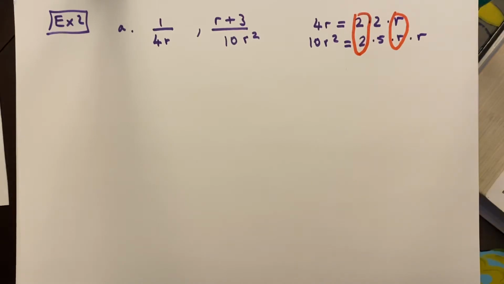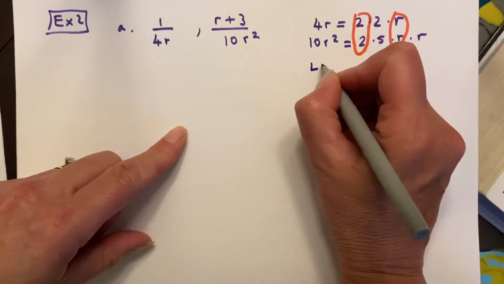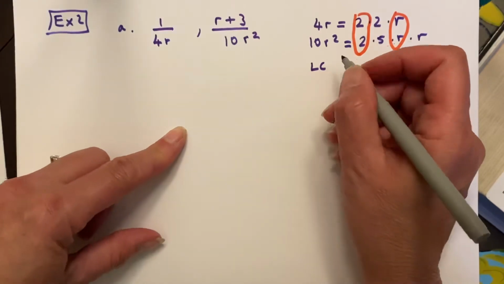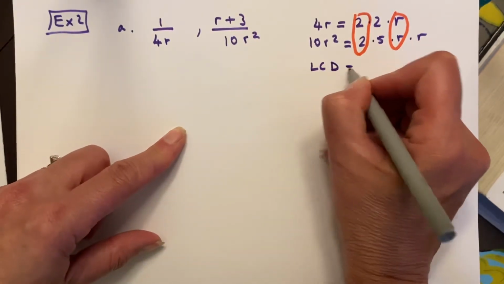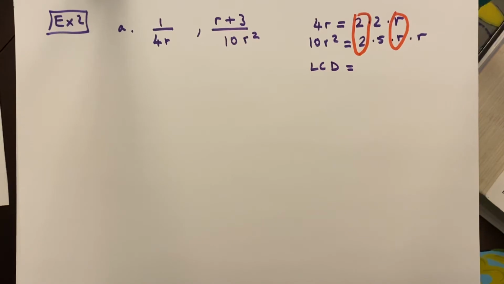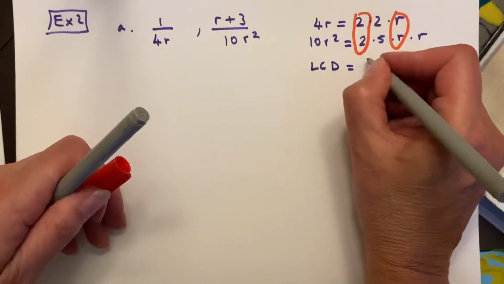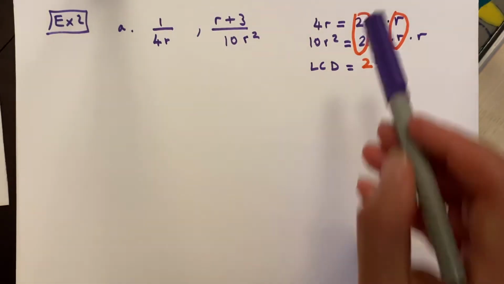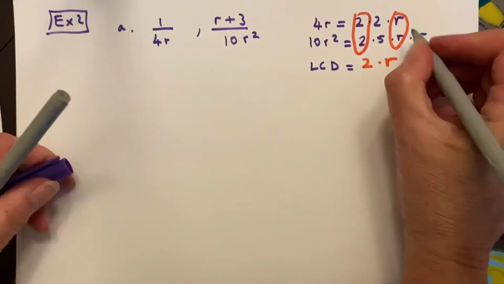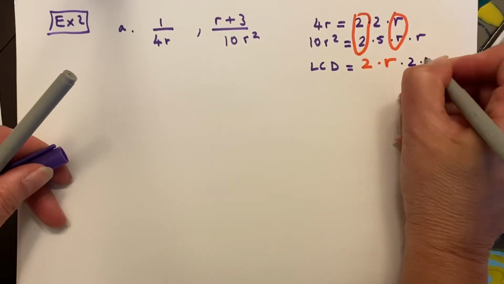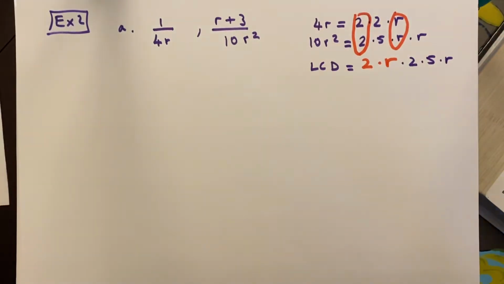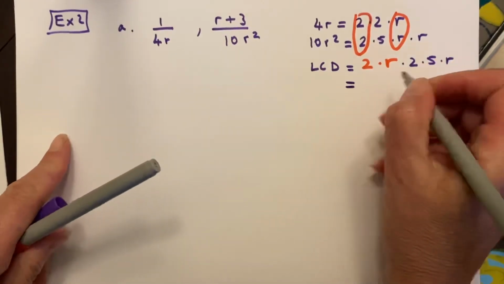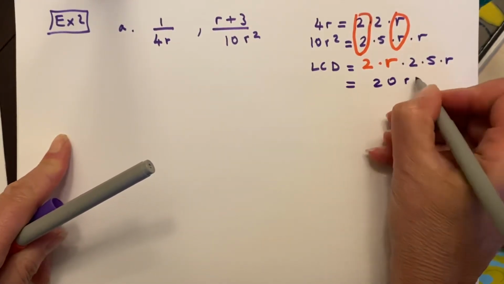And for every factor that is in common, to find the least common denominator, we're first going to take the 2 and r that were circled, so 2 times r, because we only have to use them once each because they're in common, and then we add all the other extra ones after. So we can now multiply everything together, and we know our least common denominator is going to be 20r squared.